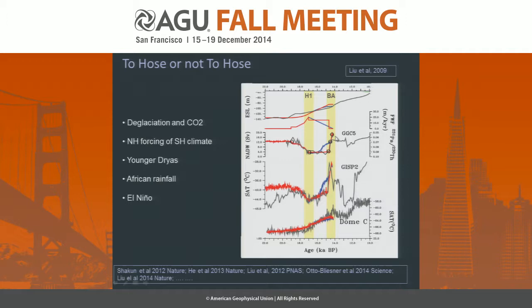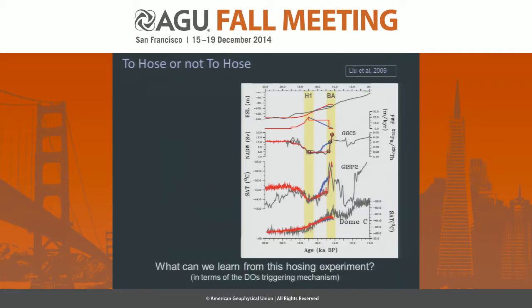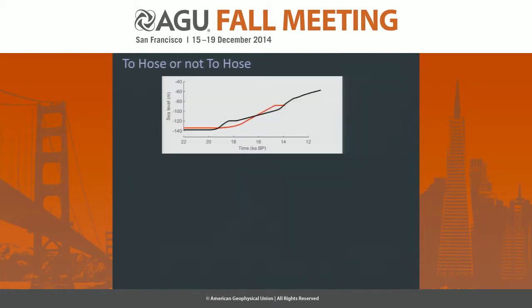But I just wanted to take a step back and wonder, what can we learn from this Hosing experiment in terms of the DO triggering mechanism? So in order to do that, I took the two curves in their paper. The black one is what is suggested by data, and the red one is the one they used.